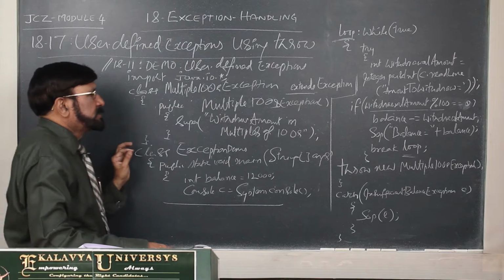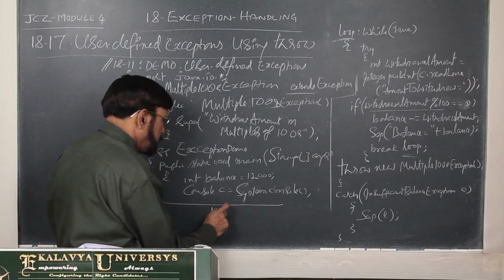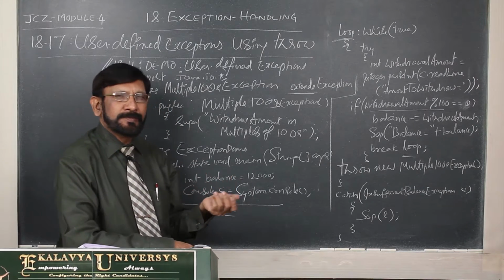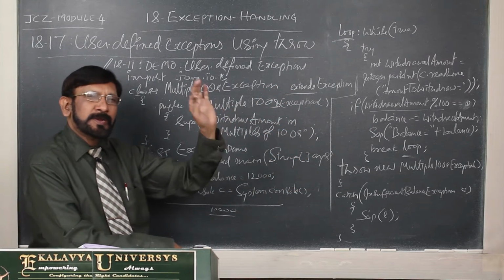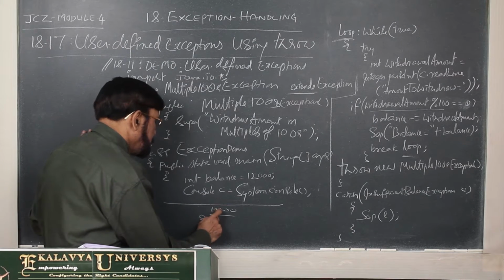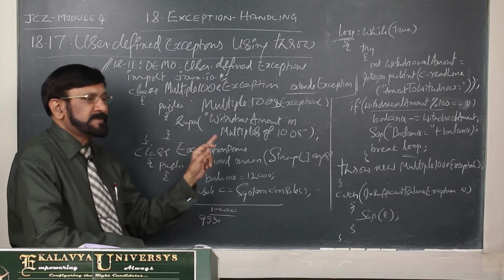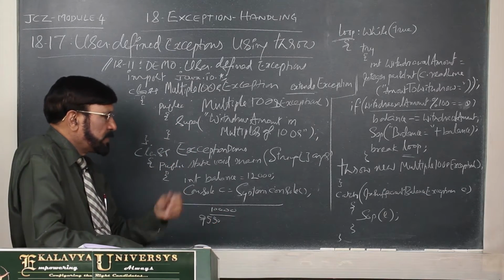So in this case, what is the balance? 12,000. Now we want to withdraw 10,000. There is no issue in that because it is successfully done. All exception handling code is simply ignored. Suppose you want to withdraw 9,550. Then this exception is thrown because it is not a multiple of 100.